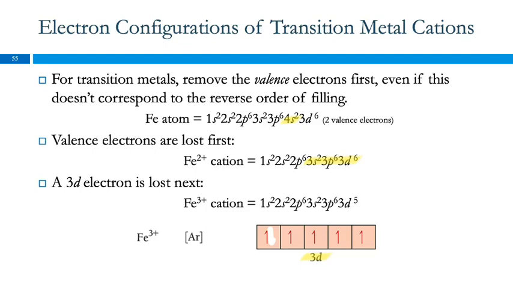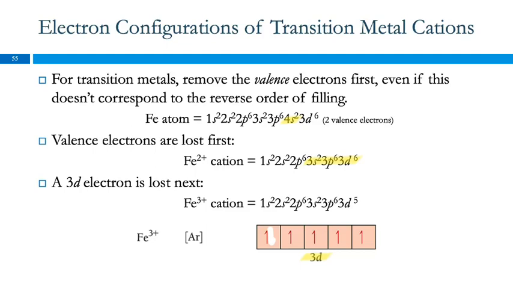And so the reason that we're continuing to the 3d is because that's the transition metal. Why are we taking 3 electrons and not just 2? Because we're learning a pattern, we just lose the valence electrons and you're done with it.